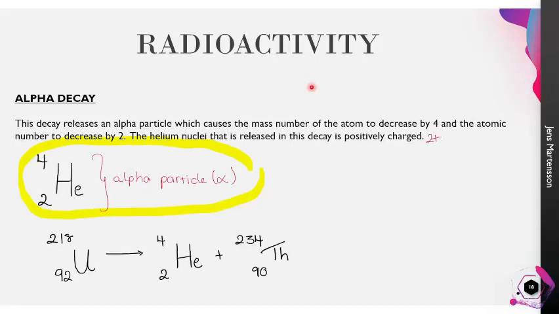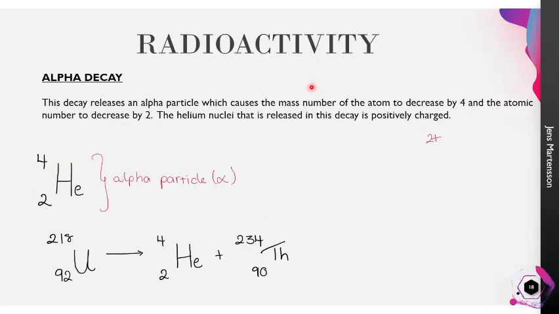So we have uranium U, which has a mass number of 218 and an atomic number of 92. And we see that when it emits alpha particles, our atomic number changes from 92 to 90, and our mass number goes from 218 to 214.